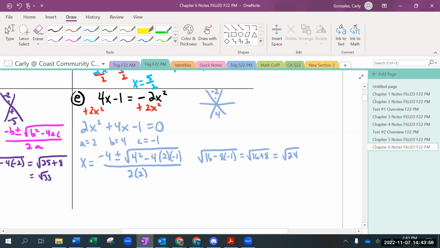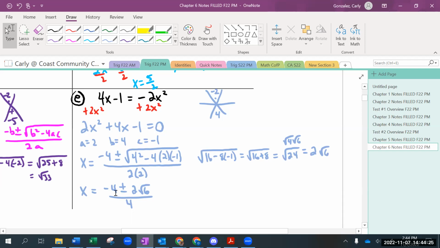But rad 24 can be simplified since 4 goes in evenly to 24, and 4 is a perfect square. So we could rewrite that as rad 4, rad 6, or 2 rad 6. Now let's go back to our big formula. We get -4 plus or minus 2 rad 6 all over 4. I multiplied 2 times 2.